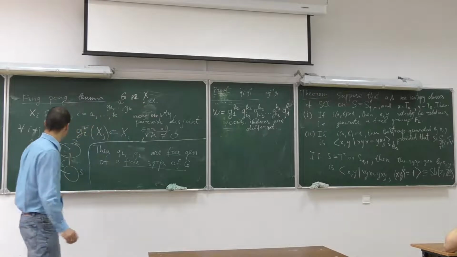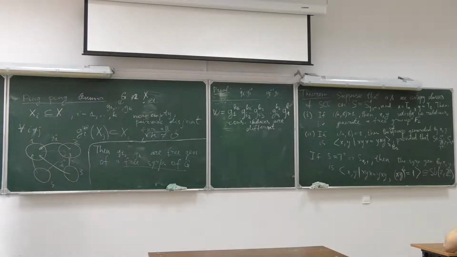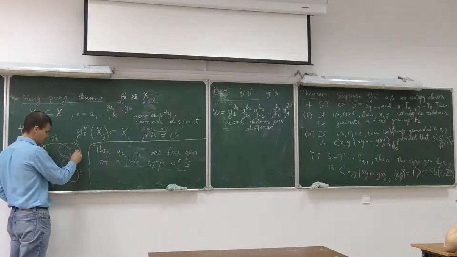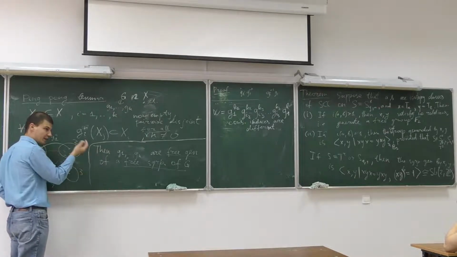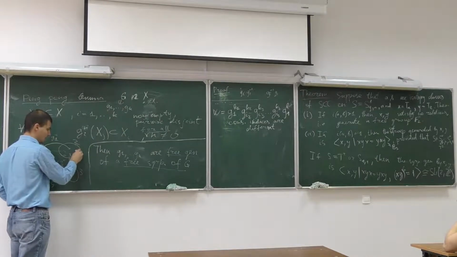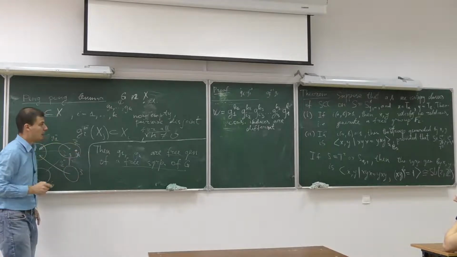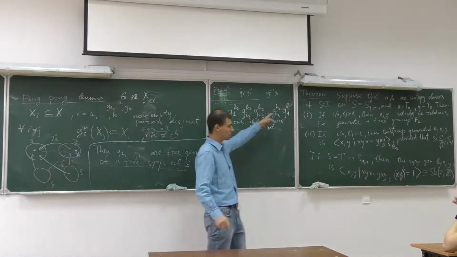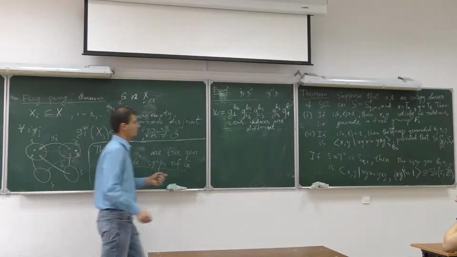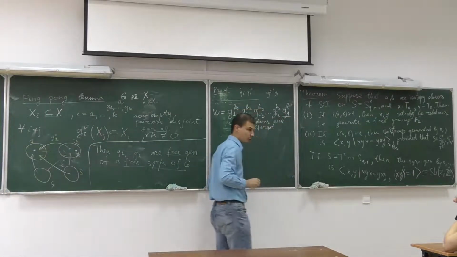Now let us consider an element in X2. Just take any element. It is non-trivial, so we take any element here, some element, well, x. Yes? And let us apply this word to that element. First of all, we have a non-trivial power of G1.